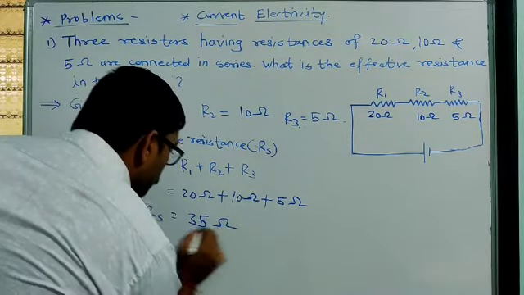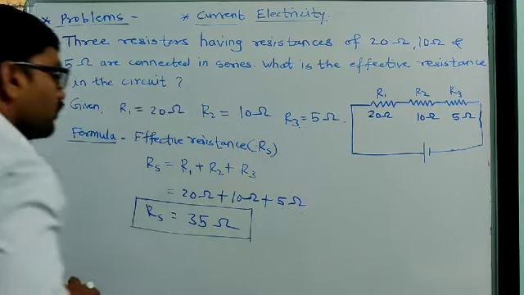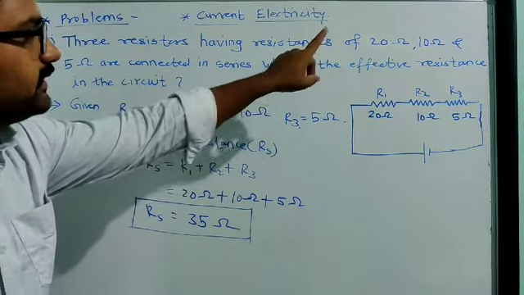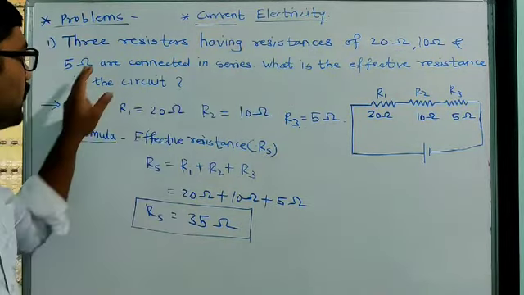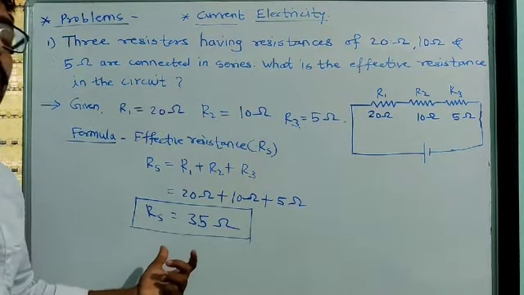So 35 ohm is the effective resistance of this electric circuit, where three resistors of 20 ohm, 10 ohm and 5 ohm are connected in series.